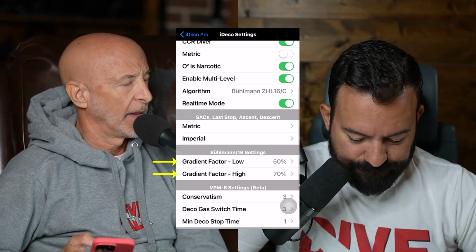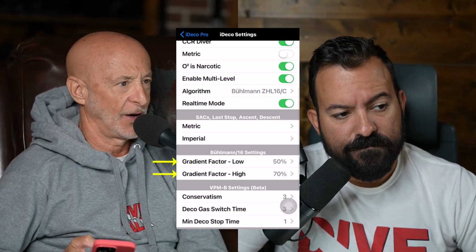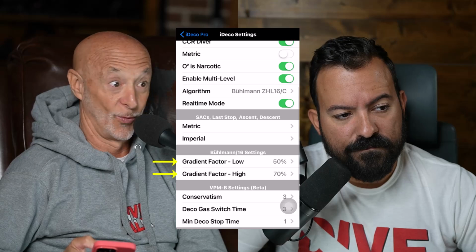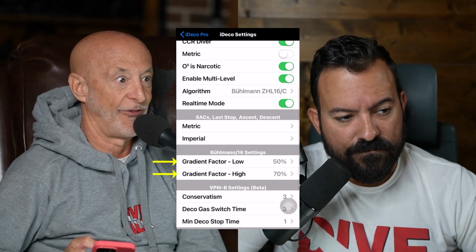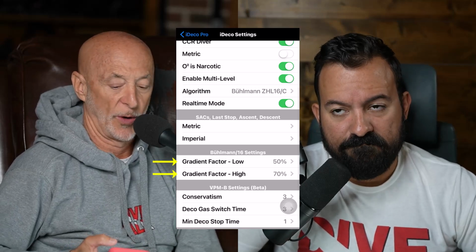Now listen, I did an entire series revolving around all the advanced features in Shearwater, and it discusses gradient factors. Gradient factors control how close you get to the M-value, from your deepest stop all the way to your final stop. It controls where that is, and it's a form of setting up conservatism.